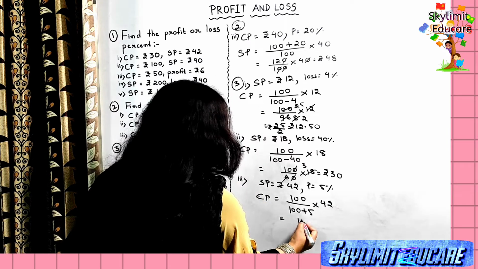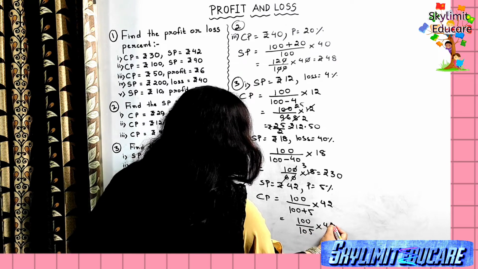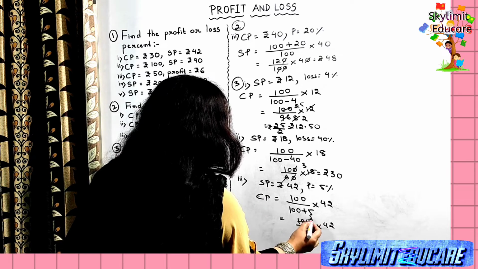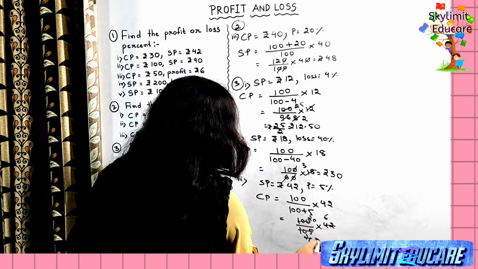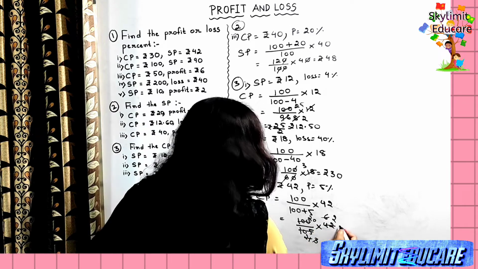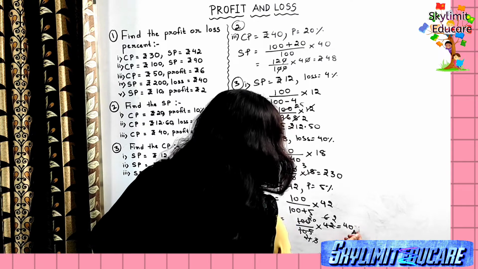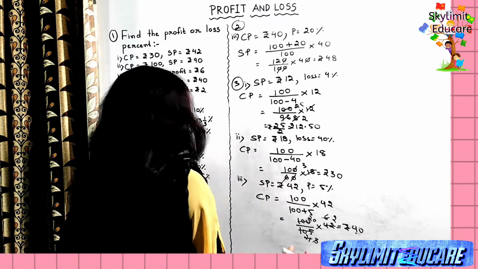So we got here 100 by 105 multiplied to 42. So 5 2s are 10, 5 1s are 5, 5 20, okay, 7 3s are 21, 7 6s are 42, 3 2s are 6. So we got here how much? 40 rupees. We got here 40 rupees is the cost price.